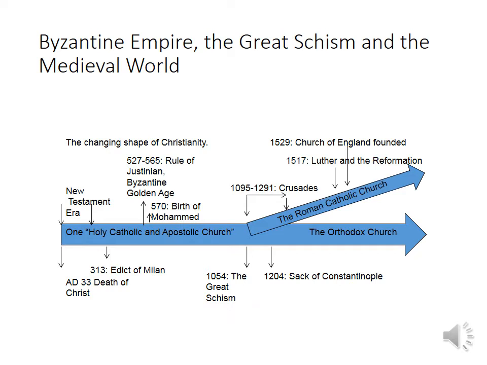Next week, when we start talking about Byzantium and the rule of Justinian, what we're going to see is a shift of Christian ideas and the Christian center of the church being moved out of Rome and over to the east, over to Constantinople, which will be the capital of the Byzantine Empire. This will eventually lead to a rift in Christianity, where we'll see the split between the Roman Catholic Church and the Orthodox Christian Church.